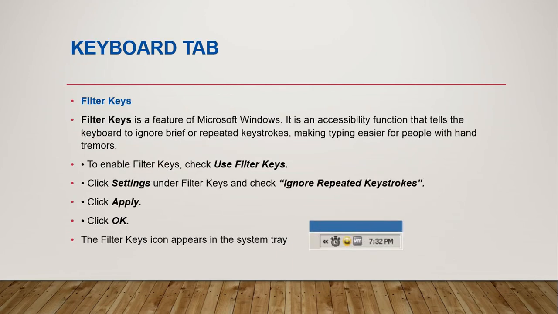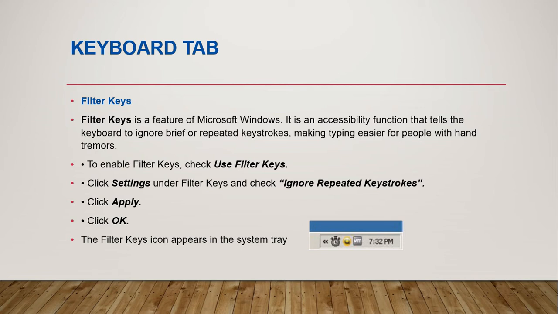The second one is in the keyboard tab, filter keys. Filter keys is a feature of Microsoft Windows. It is an accessibility function that tells the keyboard to ignore brief or repeated keystrokes, making typing easier for people with hand tremors. What does it do?